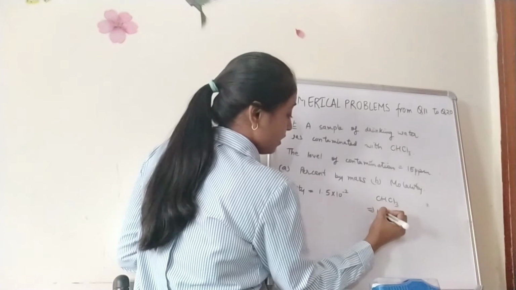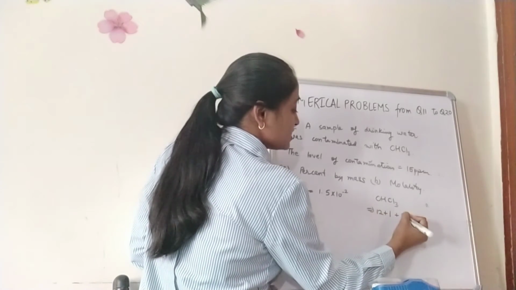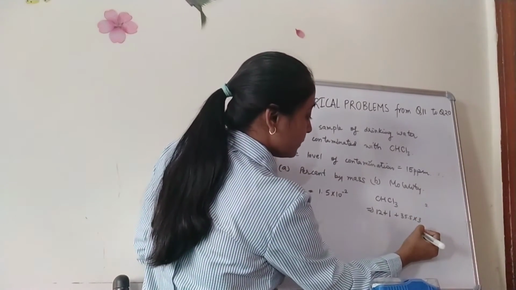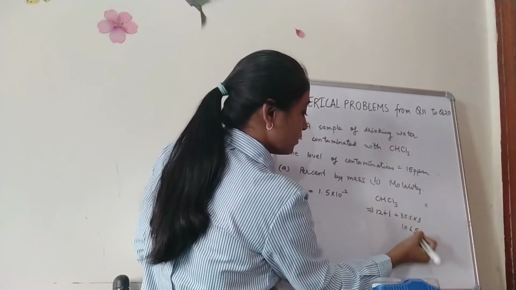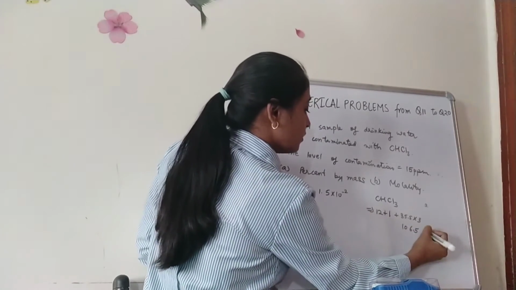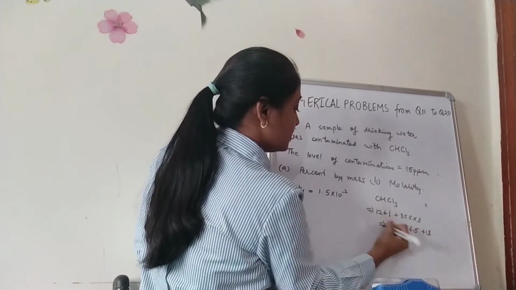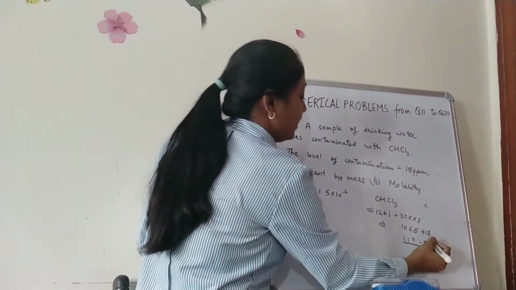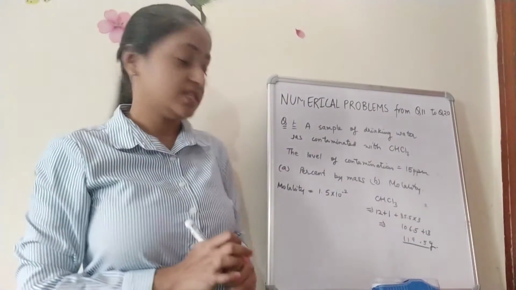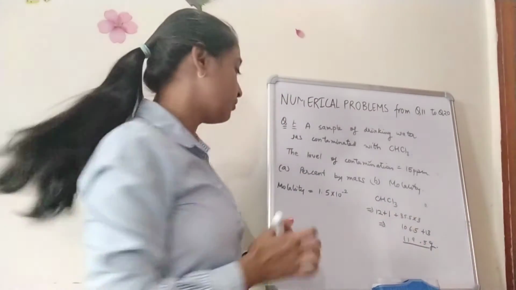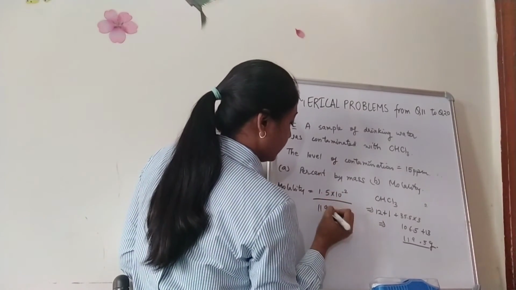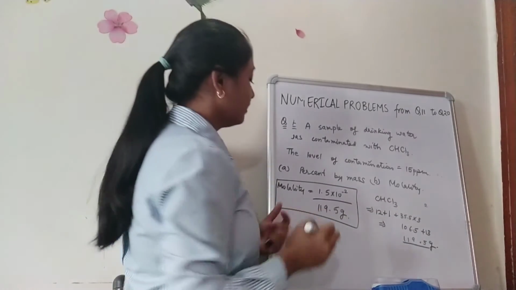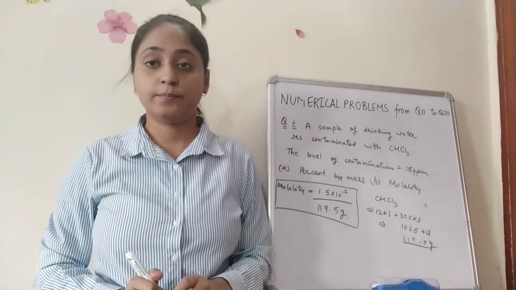Atomic mass of carbon is 12, hydrogen 1, chlorine is 35.5 into 3. So how much will it be? 106.5 plus 13, so it will be equal to 119.5 gram, right? So CHCl3 molar mass is 119.5 gram. So we can write it here 119.5 gram, right? Solving this, we will get the value of molality.